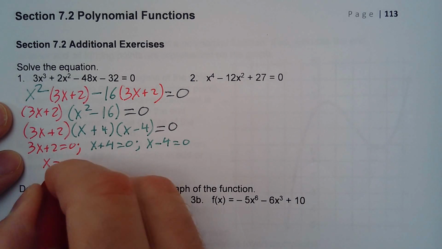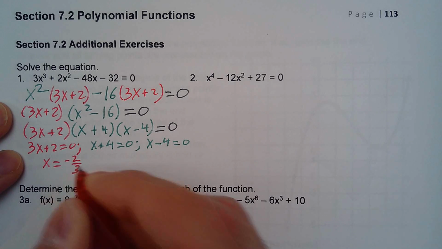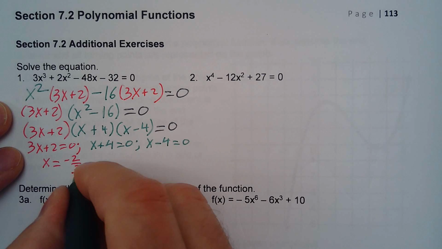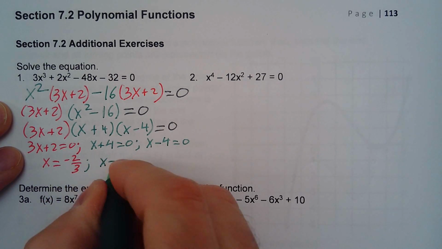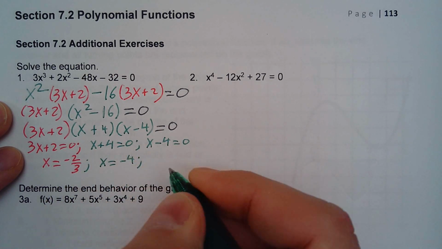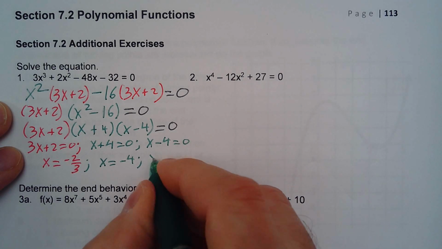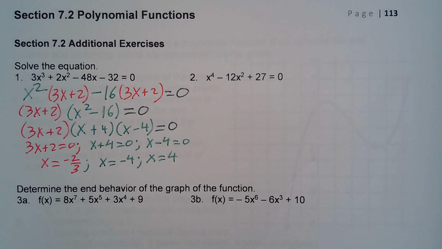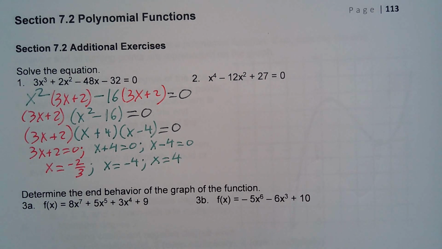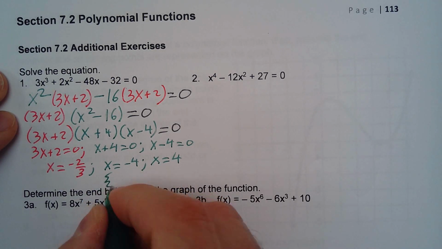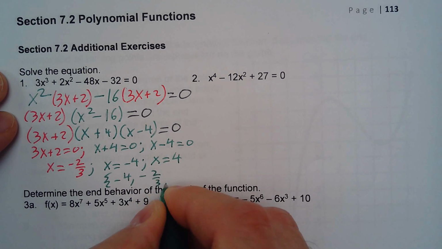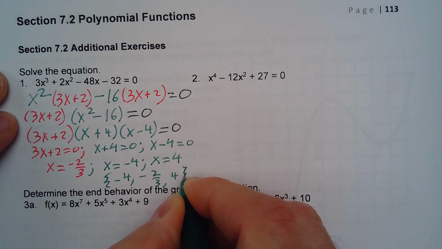That gives me x equals negative 2/3. And then x plus 4 is a factor, my 0 would be negative 4. And if x minus 4 is a factor, then my 0 would be x equals positive 4. So my zeros here are negative 4, negative 2/3, and 4.